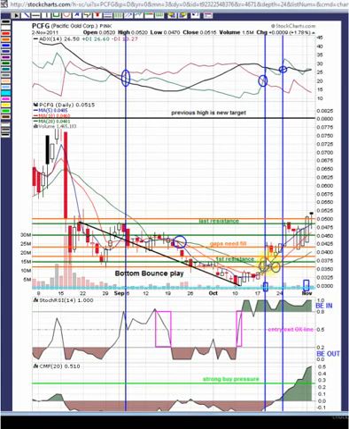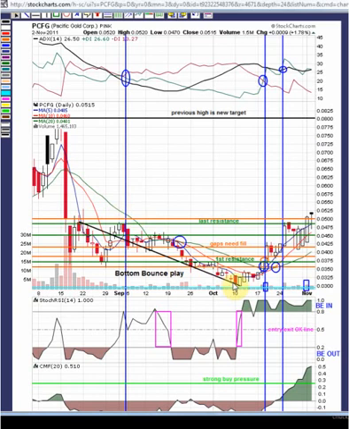Now, I wasn't giving that entry to play the bottom. I was giving that entry to play the overall long-term trade, which was a run retrace channel pattern all the way up to previous high, which is at 8 cents. But it just so happens if you evaluate the bottom bounce in itself, it's giving you the same indication.